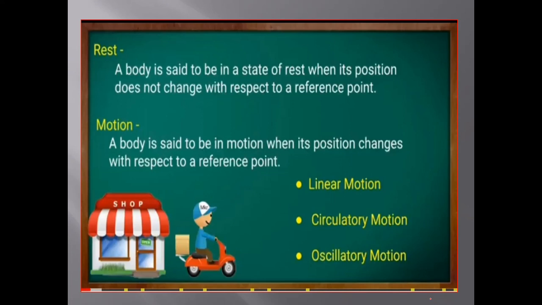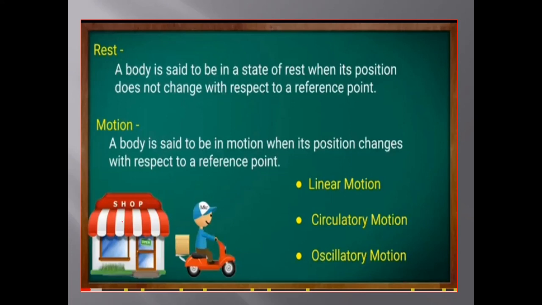Whenever a body is in a fixed position with respect to a reference point, then we say that body is at a state of rest. If we take the example of a shop and a driver, when this driver is not driving his two-wheeler, then we can say that he is at rest with respect to the shop.